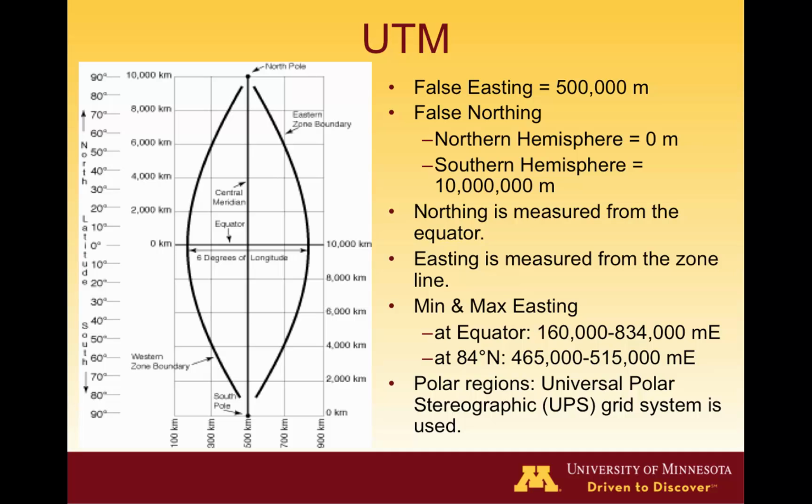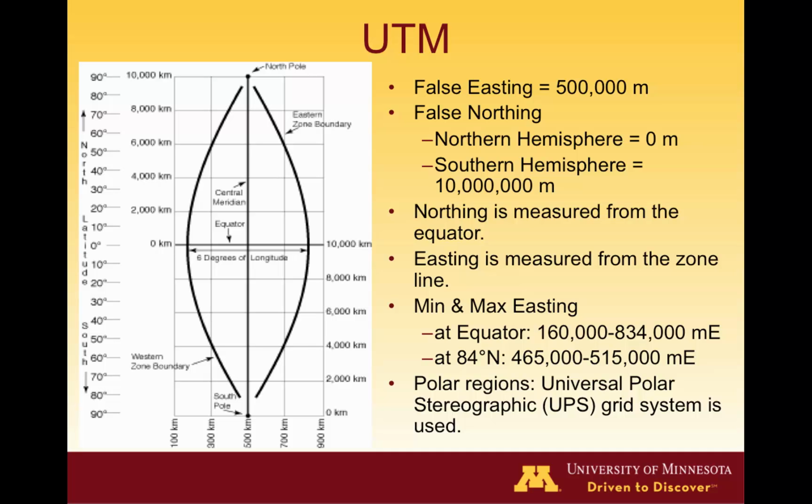UTM has this term false easting and false northing. The false easting is 500 kilometers, and false northing for northern hemisphere is 0 meters, and for southern hemisphere it is 10,000 kilometers. Northing is measured from the equator.